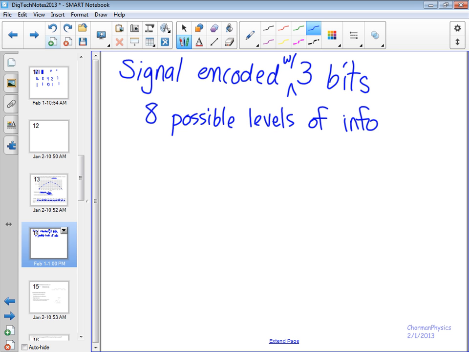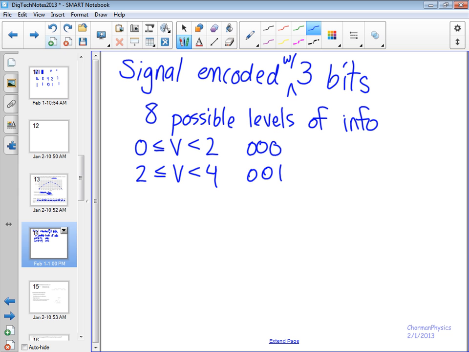So what ends up happening is that we typically would break the voltage signal evenly, saying if it's between 0 and 2 volts, we're going to assign this 0, 0, 0. And then we go from 2 all the way up to 4 volts, and we would assign it 0, 0, 1.